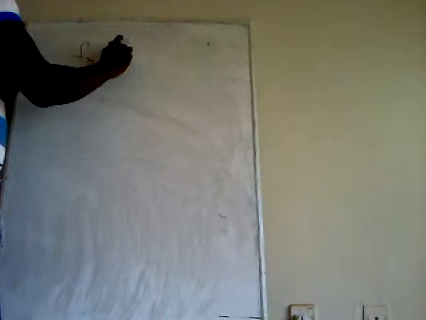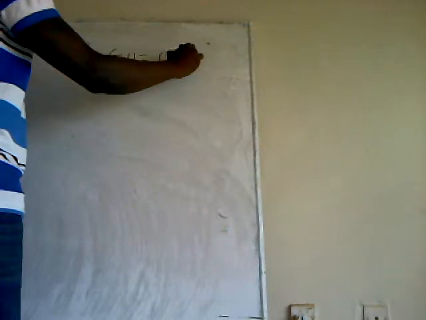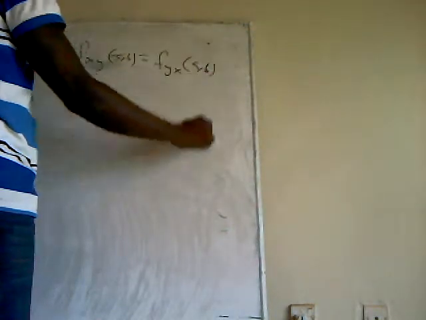Now there's a theorem which we call Clairaut's theorem. It states that suppose that f is defined on a disk that contains the points a and b. If the functions fx and fy are continuous on this disk, then we say that fxy at (a, b) is equal to fyx at (a, b).